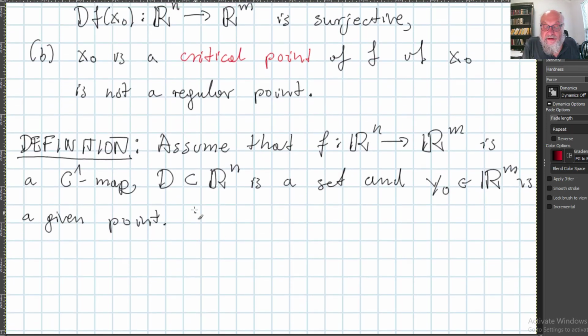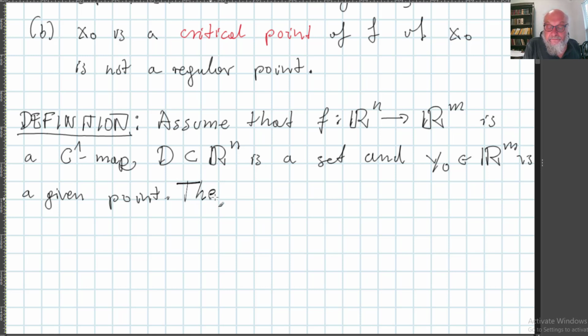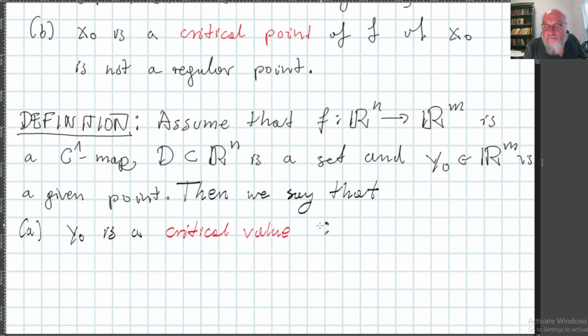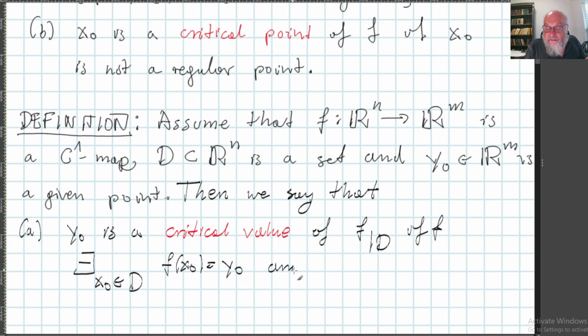So then we say that (a) y naught is a critical value of the map f restricted to D if and only if there exists a point x naught belonging to D satisfying the property that f of x naught is equal to y naught and x naught is a critical point.